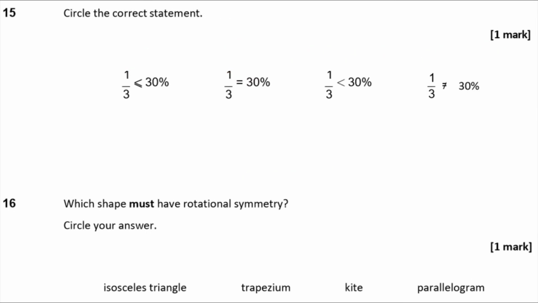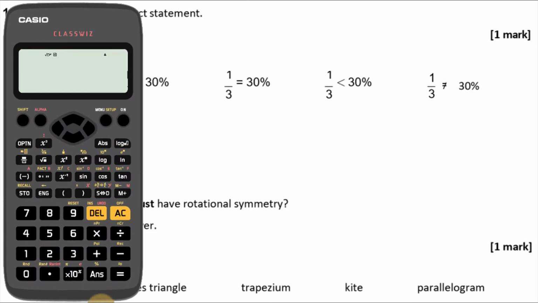Circle the correct statement. Is 1/3 less than or equal to 30%? Is it equal to 30%? Is it less than 30%? Is it not equal to 30%? Well, 1/3, if you do 1 divided by 3 on your calculator, you'll get 0.333 or 0.3 reoccurring.